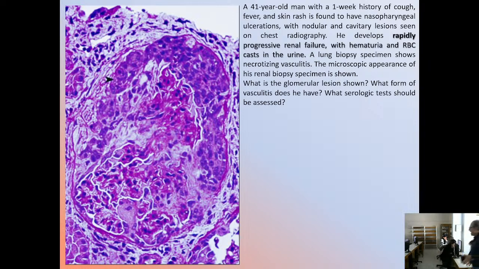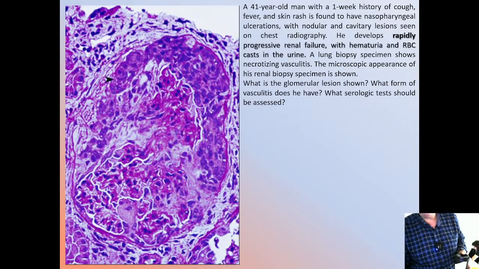And if we have granular deposition, it is immune complex-mediated glomerulonephritis, which has been transformed into crescentic glomerulonephritis. So what was the case here?